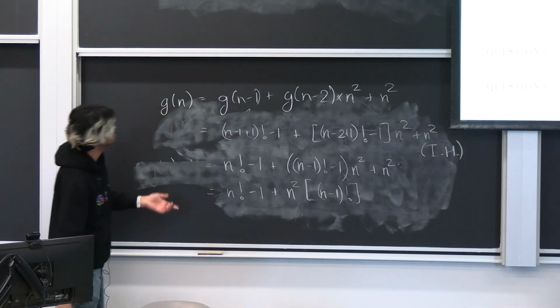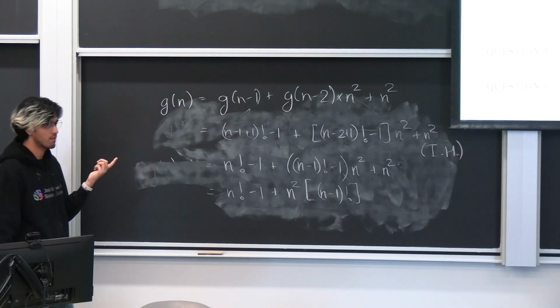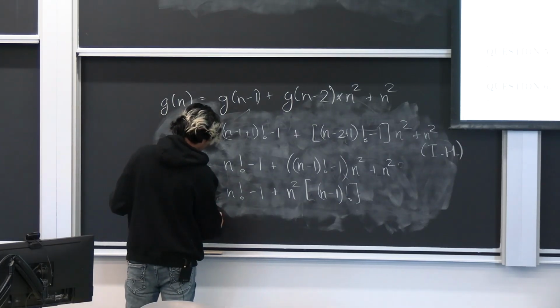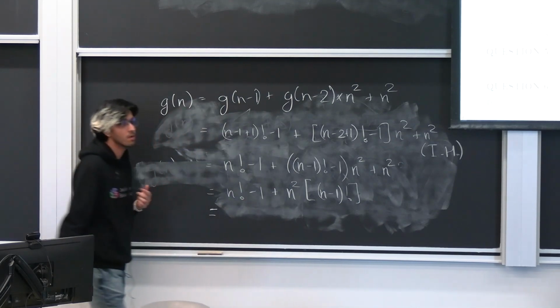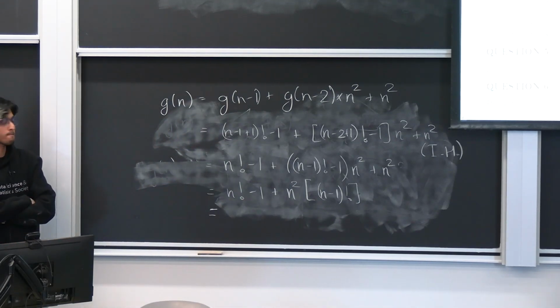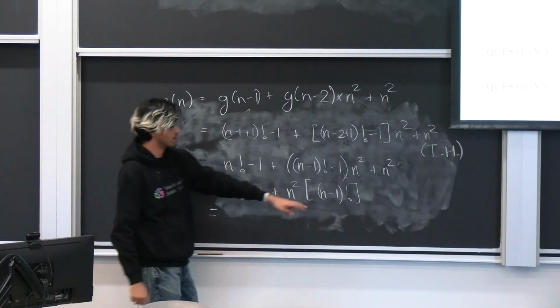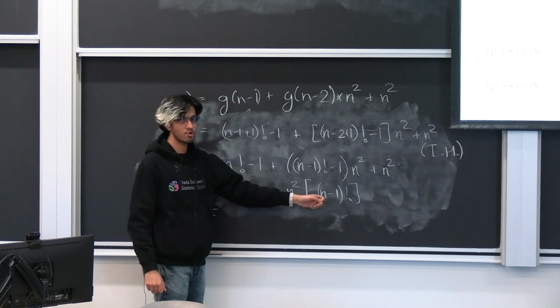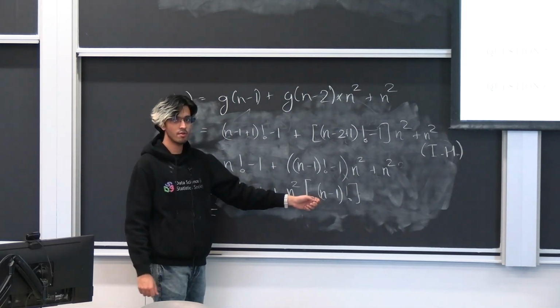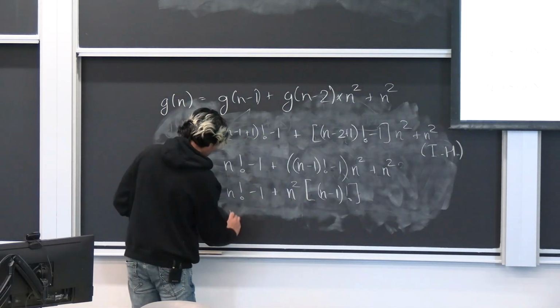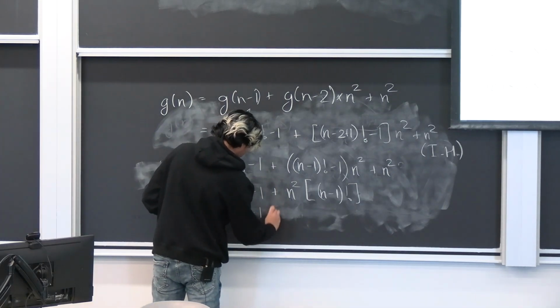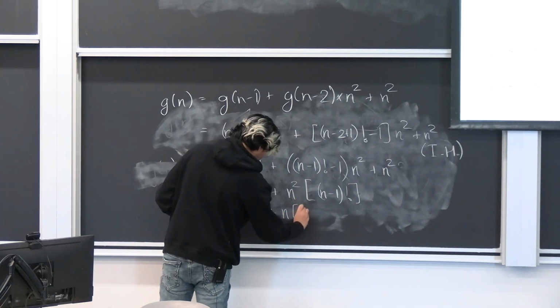Okay, this doesn't exactly look like this. What are we missing? What can we do further? You have n minus 1 factorial, and then you have an n here. Can you merge them to make it n factorial? Yeah? N factorial minus 1 plus n times n factorial.